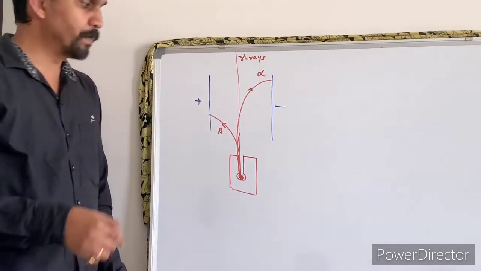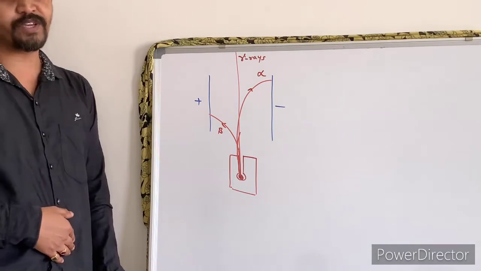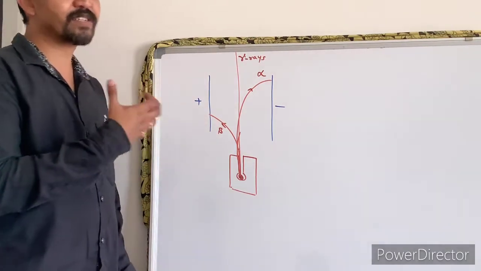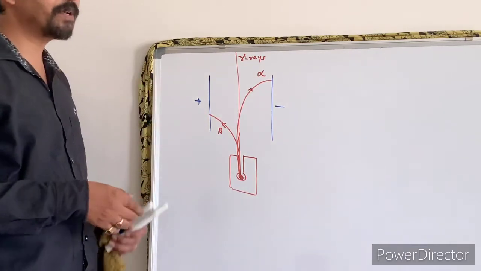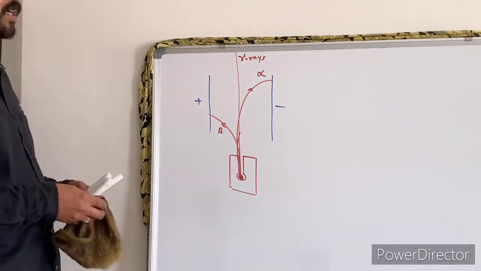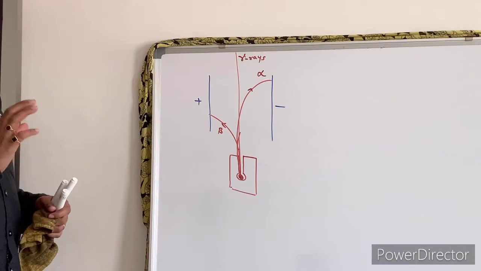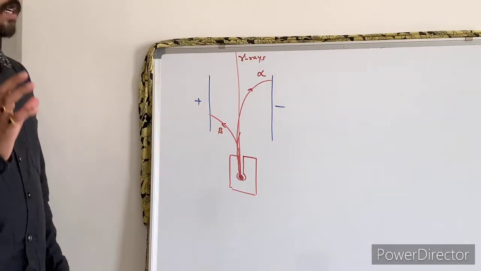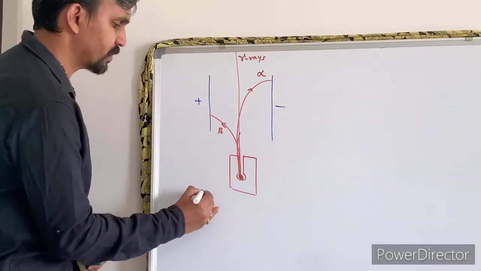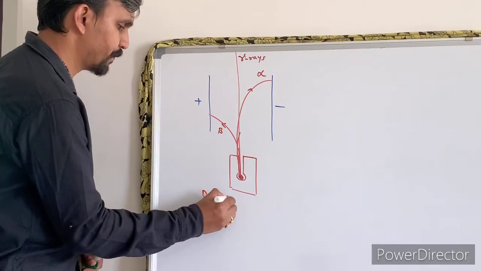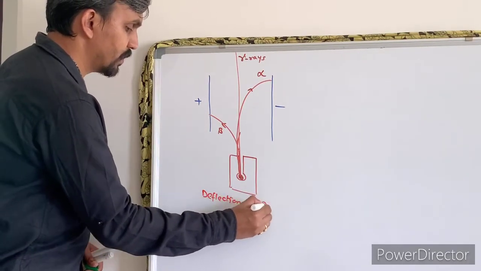But compared to beta, alpha are heavy, therefore the deflection is less. And gamma, there will be no deflection because they are electromagnetic, therefore they are not deflected by electric and magnetic fields. So this is deflection in electric field.